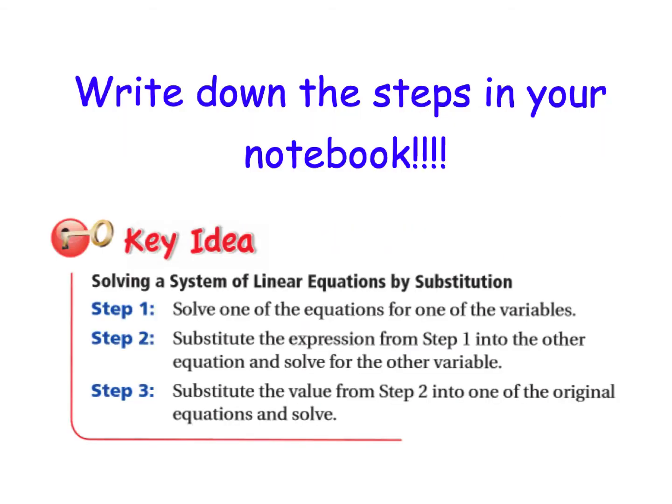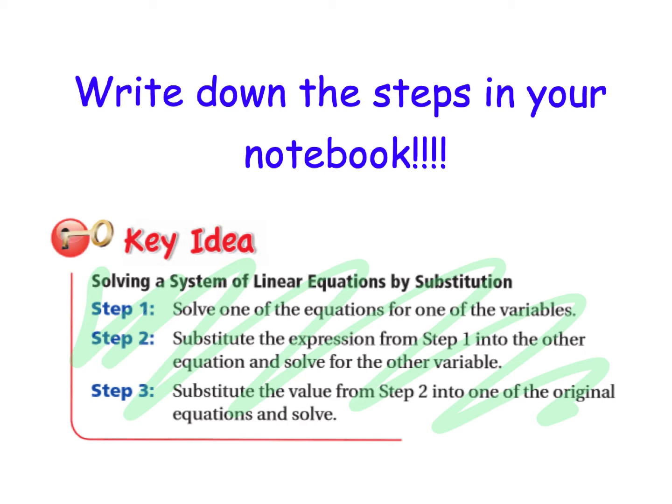So the first thing I'm going to have you do is put down these steps in your notebook. Pause the video and write down the 3 steps of solving a system of linear equations by substitution. Step 1 is solve one of the equations for one of the variables.